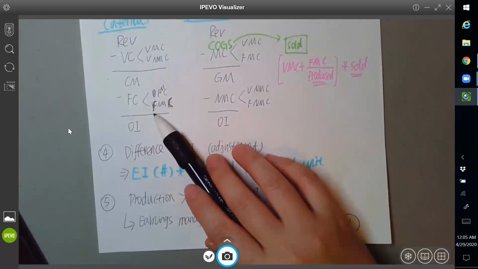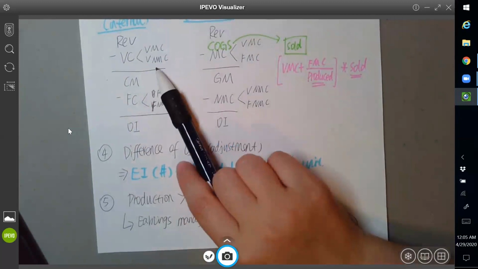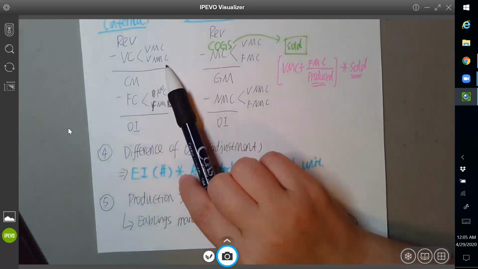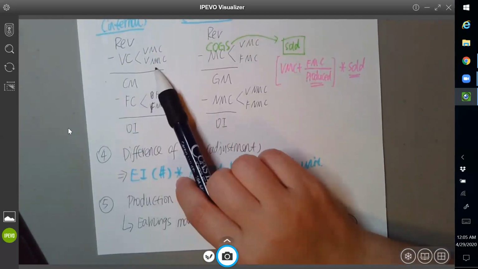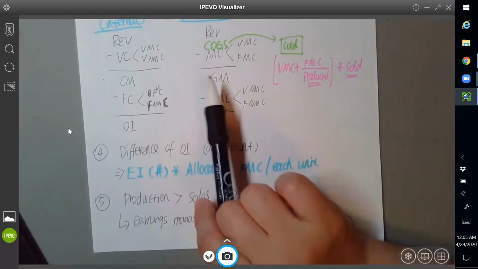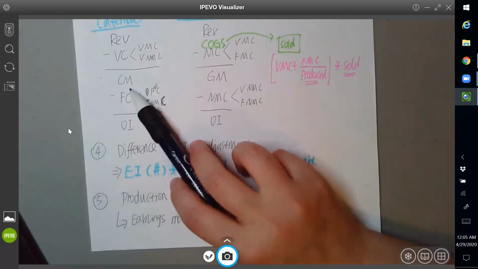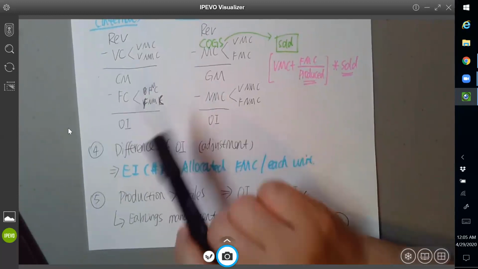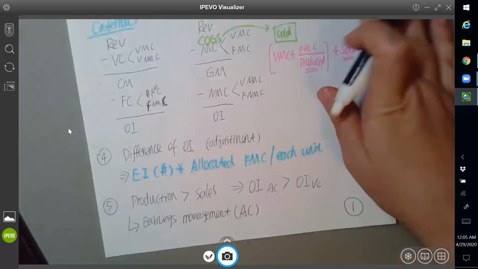Okay, so if you increase your variable non-manufacturing cost, like sales commission, instead of $2 per unit, now you increase to $3. How will that affect your contribution margin and the gross margin? If you increase your variable non-manufacturing cost, your contribution margin will decrease, but it will not affect your gross margin, right? So once you know these two formulas, you should be fine.